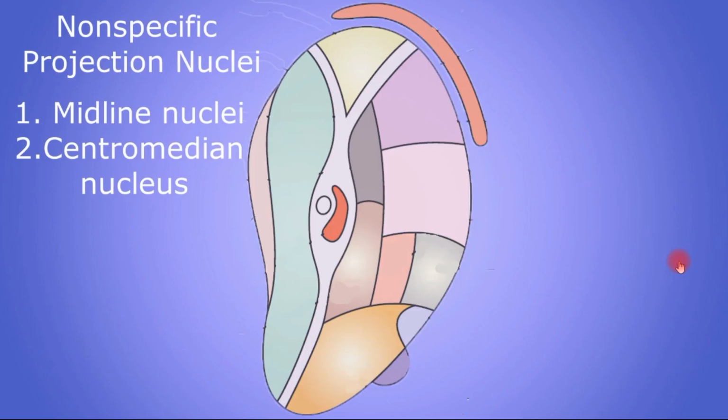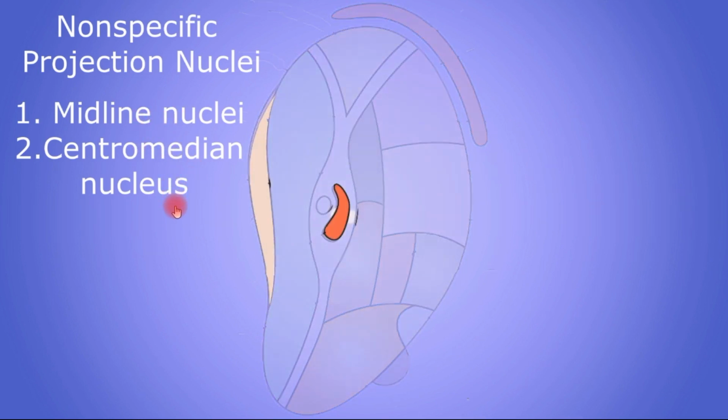So let us start first with the non-specific projection nuclei. Under the non-specific projection nuclei, we already mentioned that there are two different nuclei, that is the midline nuclei and the centromedian nucleus. So these are the non-specific projection nuclei.